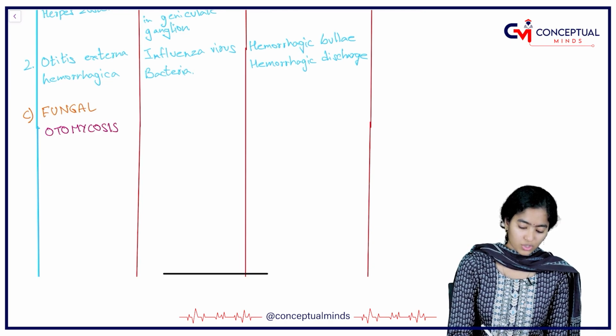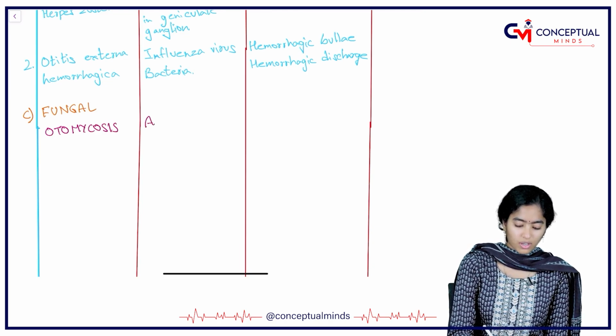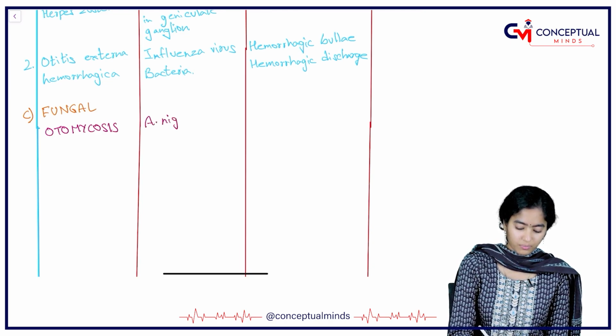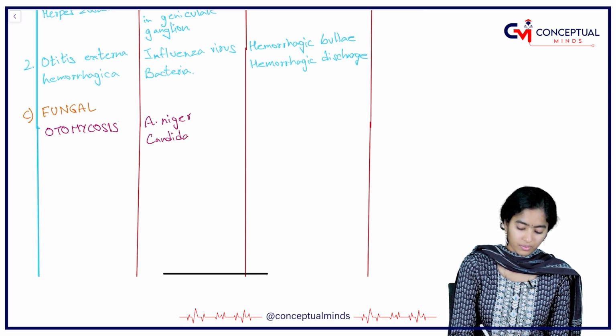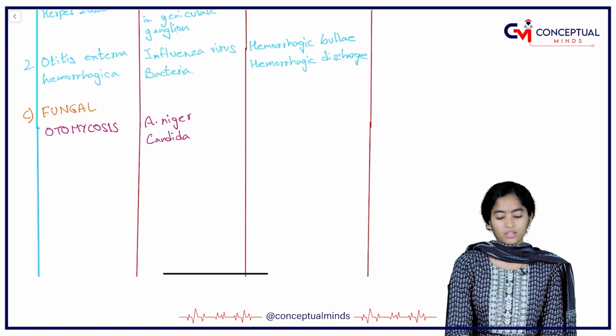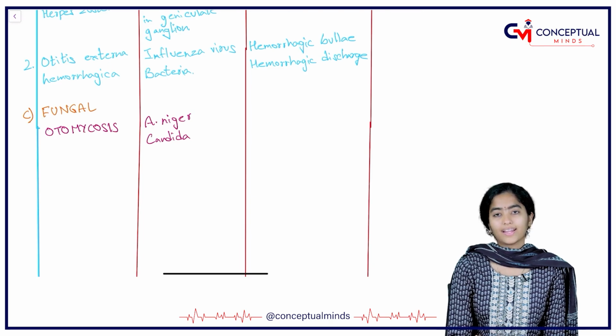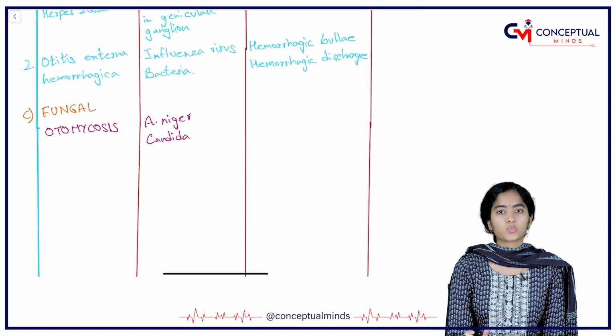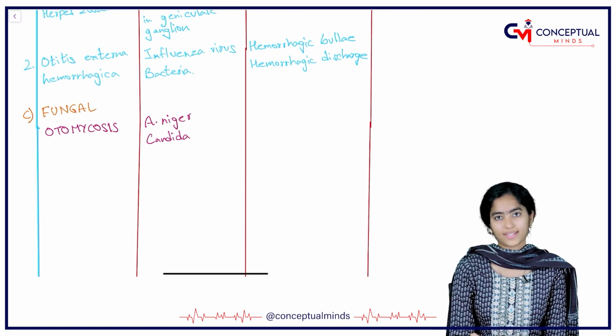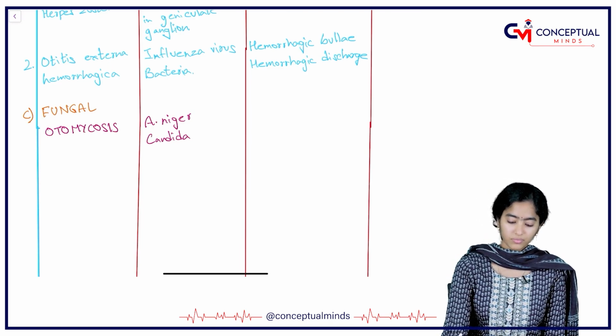The common etiological agents are Aspergillus niger and Candida albicans. We have studied that Aspergillus niger gives a wet newspaper appearance and Candida gives a curdy appearance with wet and macerated look of the external auditory canal.